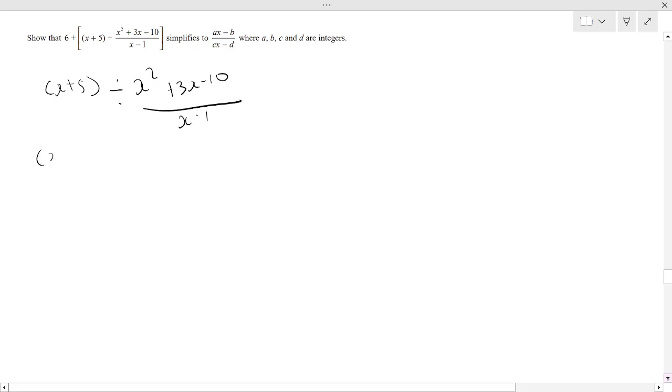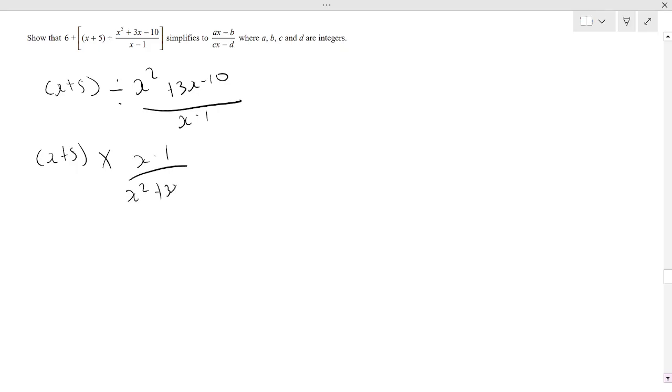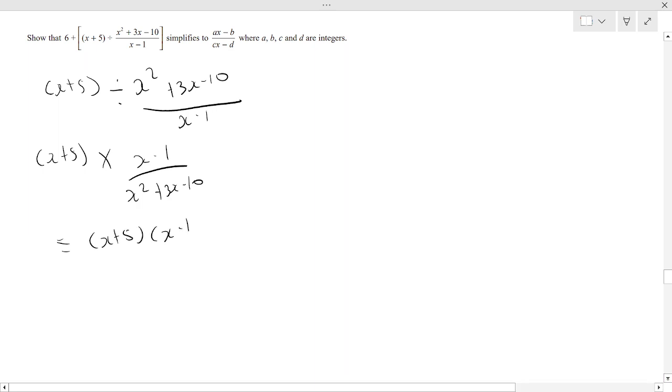Now we are dividing, which means we have to keep this first bit the same. We need to change the divide to a times and we need to flip the fraction. Remember KFC. So x minus 1 over x squared plus 3x minus 10. Then we can times across to say that this is the same as x plus 5 times x minus 1 all over x squared plus 3x minus 10.